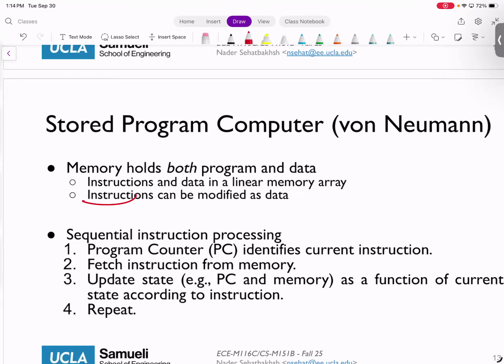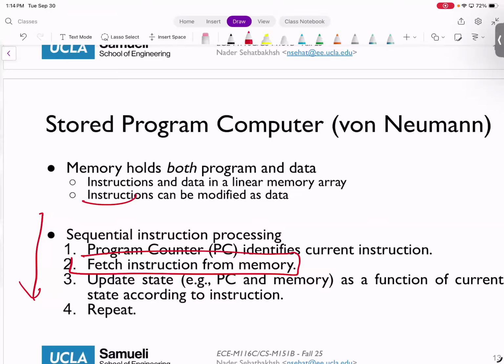Okay? So the sequential process looks like this. I start with the PC saying, okay, this is the current instruction. Then I need to go and fetch that instruction from the memory. This is the process that we usually call fetching. Since the CPU is in a different location than the memory, I need to go and bring it. So this is the data movement between the memory and the processor. Then I actually execute that instruction.